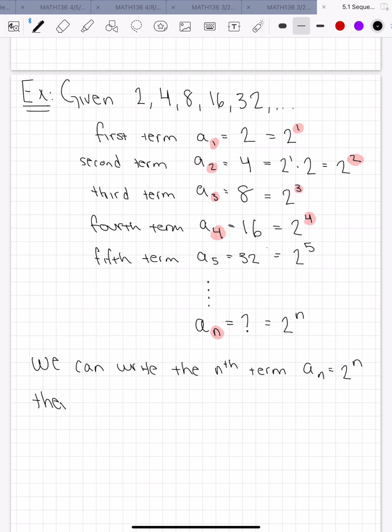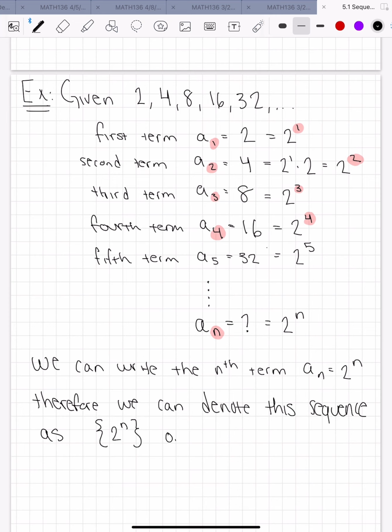Therefore, we can denote this sequence, and remember that the notation for a sequence is the curly braces, as {2^n}.